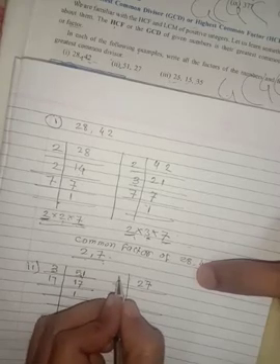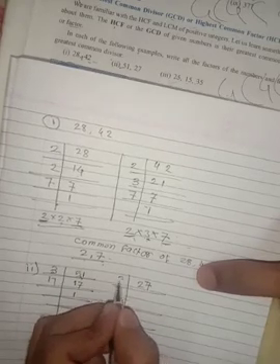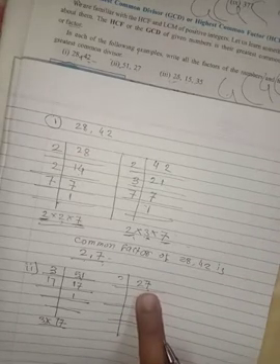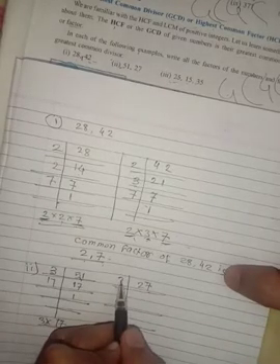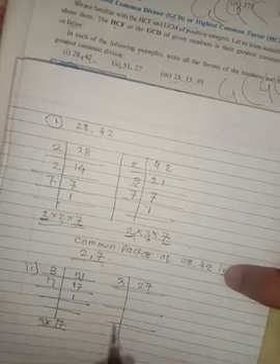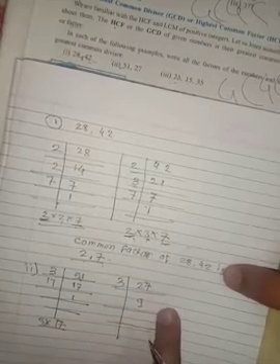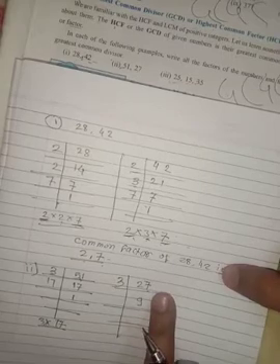Now factorize 27. Tell me, can we factorize 27 by 3? Yes. 3 9s are 27.